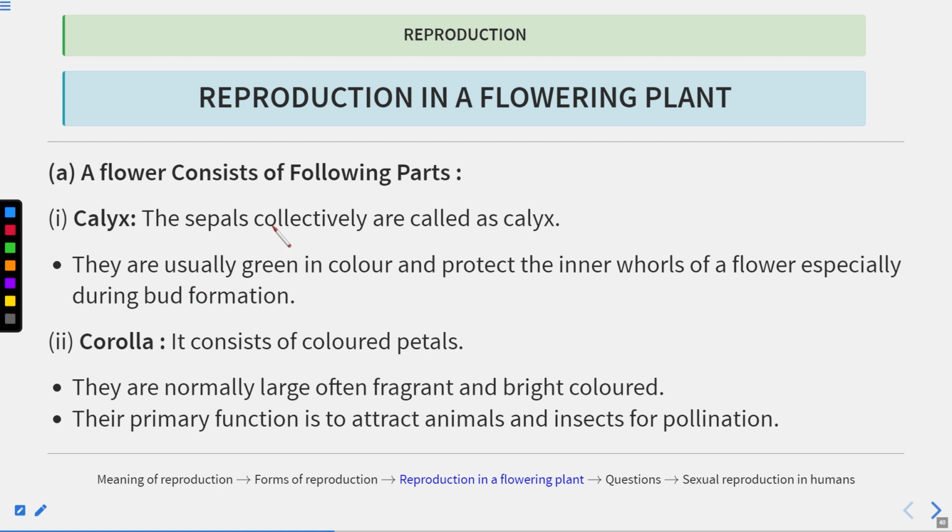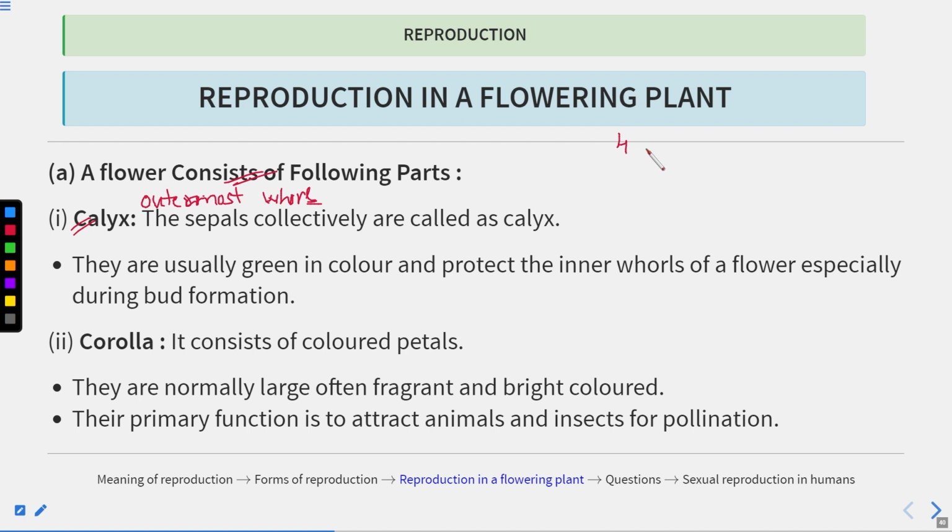So let's first talk about the parts of the flower. The flower consists of the following parts. First one is the calyx, the outermost whorl. You can write that there are 4 whorls.